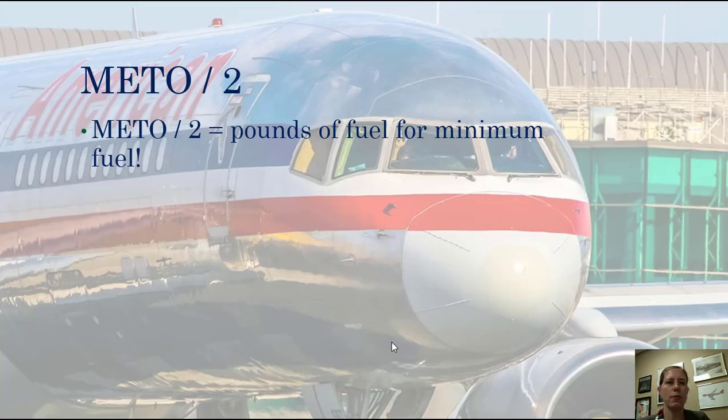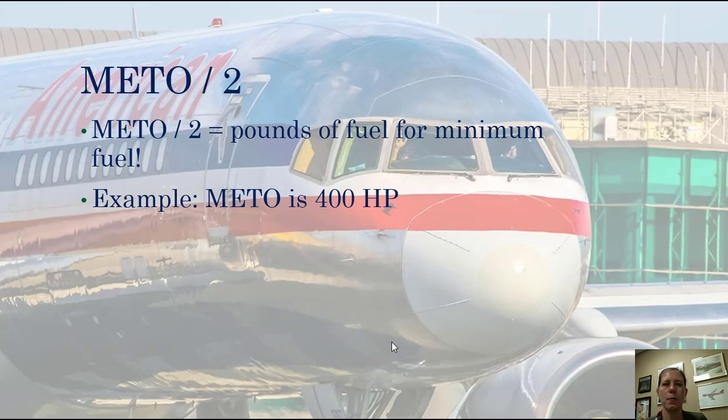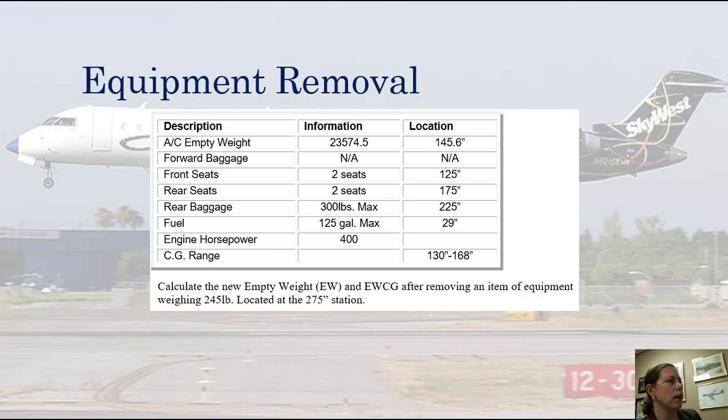So that METO divided by 2 gives us our pounds of fuel that is required for minimum fuel for adverse loading theoretical calculations. In this example, we said that the METO for the aircraft was 400 horsepower. That was given to us at the beginning of our problem. So let me go back and show you that. So here is our engine horsepower that is shown to us, and it is 400 horsepower.